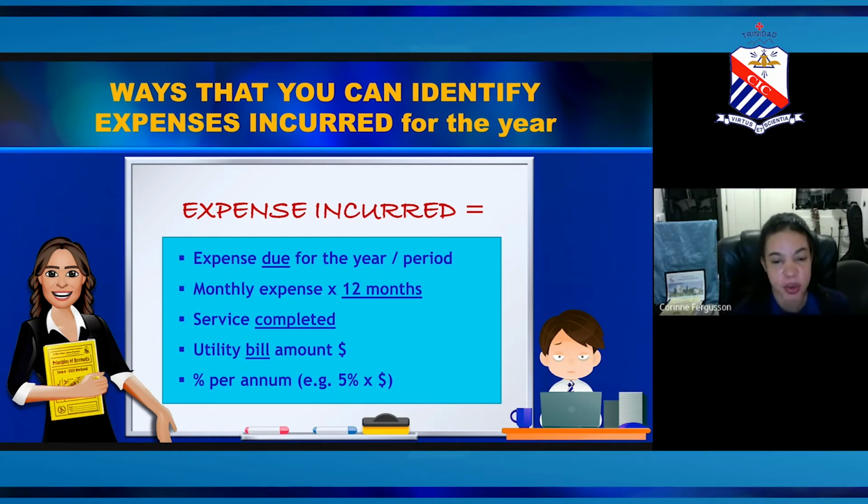So you don't have to do any working in terms of accruals and prepayments. You may have to do some working in terms of percentage or the monthly by the 12 months, but they basically may have just told you what is the amount that goes into the income statement.